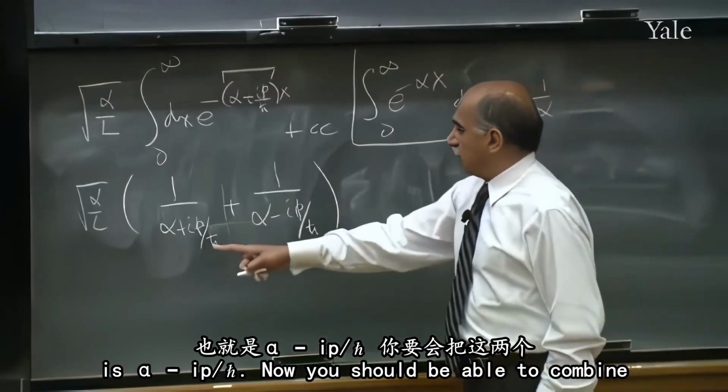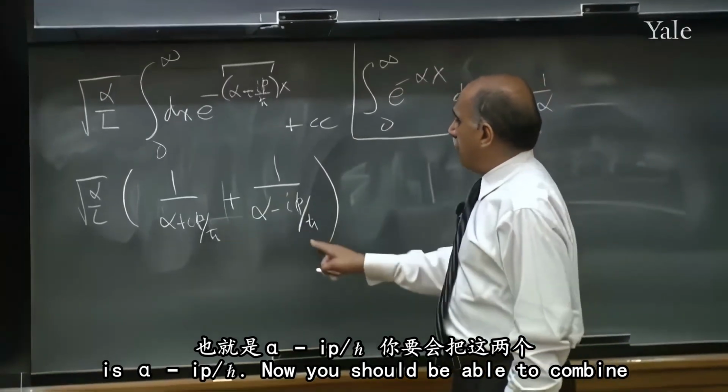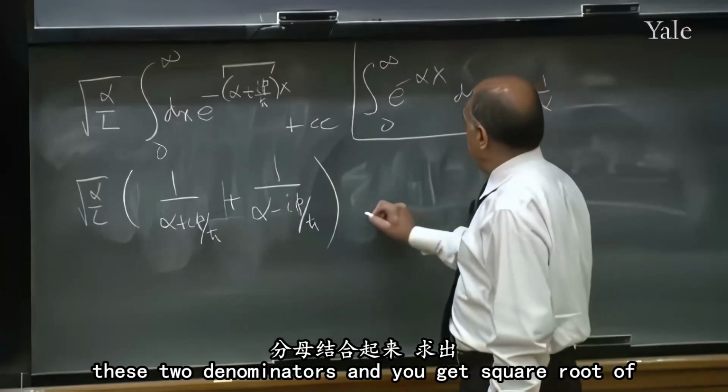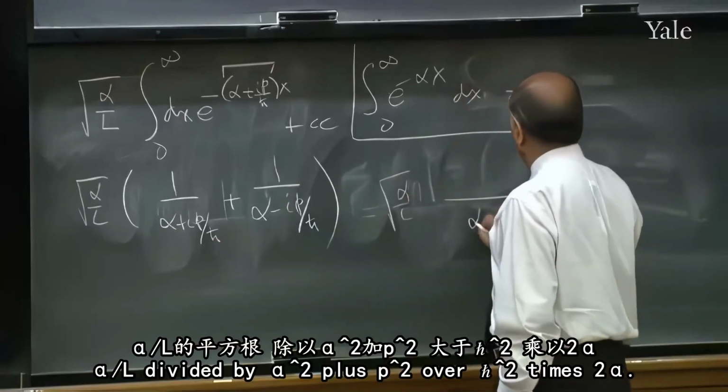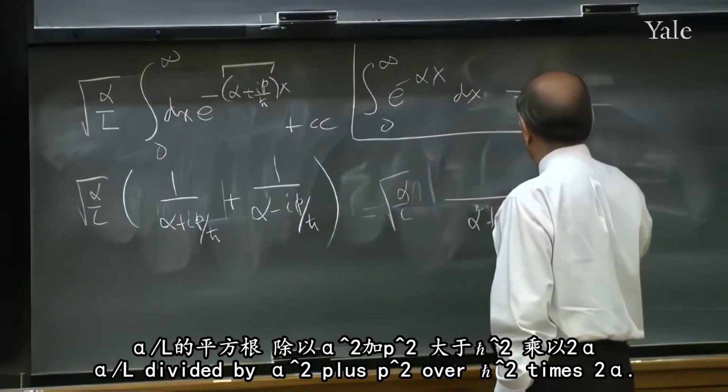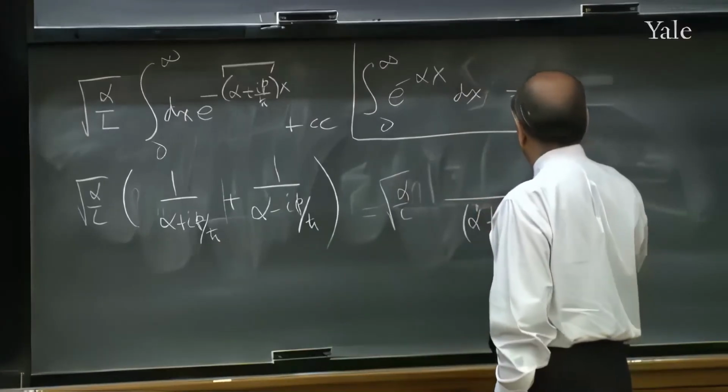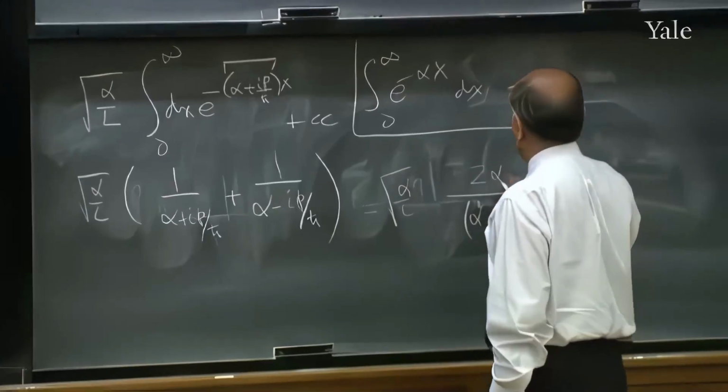Now, you should be able to combine these two denominators, and you get square root of alpha over L divided by alpha squared plus p squared over h bar squared, times 2 alpha.